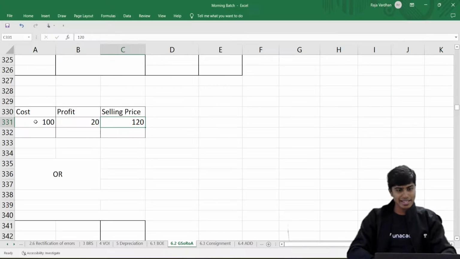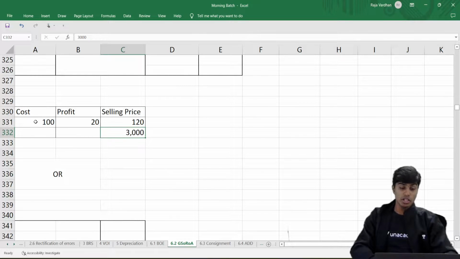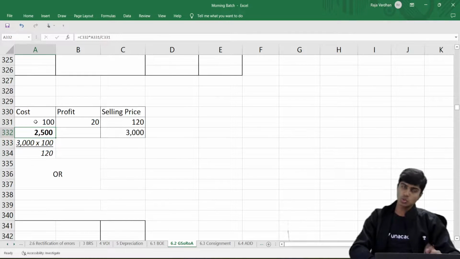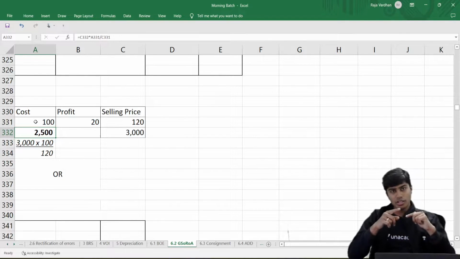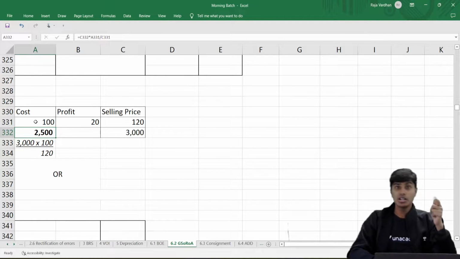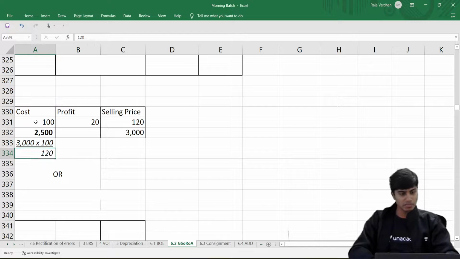In this case, sale price of the stock is 3,000. So if 100 cost becomes 120 selling price, 3,000 selling price becomes how much cost? 3,000 into 100 by 120, that will give us 2,500. So when we record it into our stock, it should be at 2,500. Remember, you are supposed to consider cost or NRV, whichever is less. We'll do that working as well.